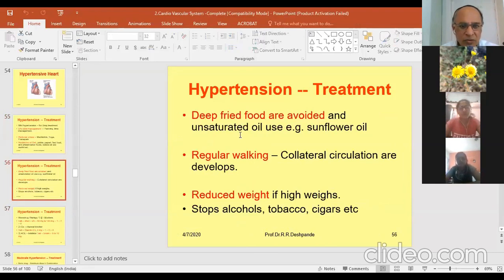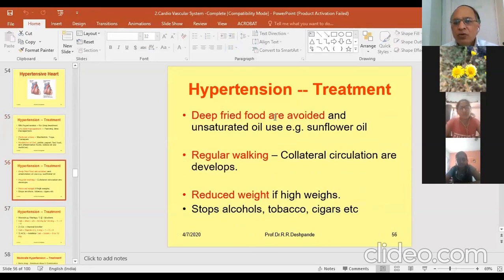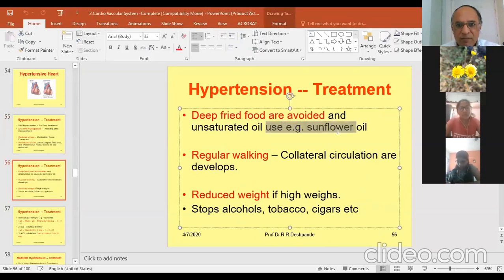So here also there is a treatment policy. Deep fried food should be avoided. High calorie food, oil should be avoided. And unsaturated oil, for example sunflower oil, you can use. The word is unsaturated oil. Regular walking is very much important.